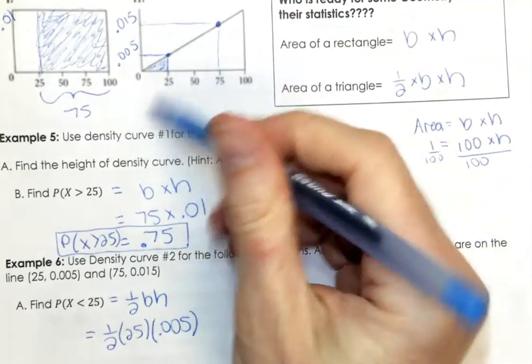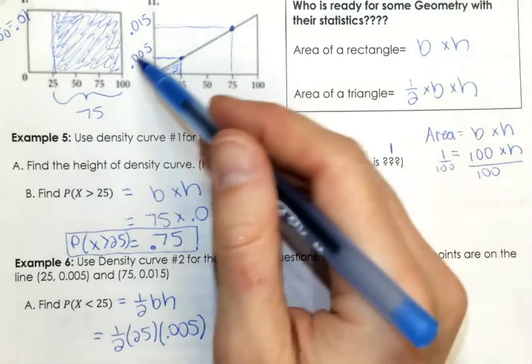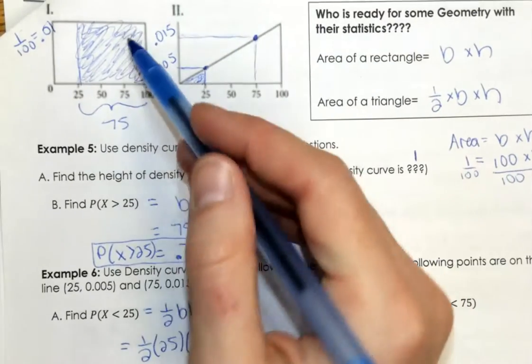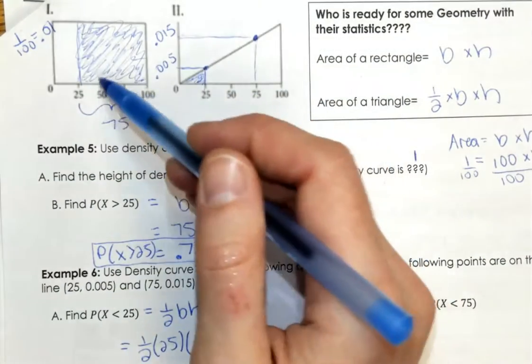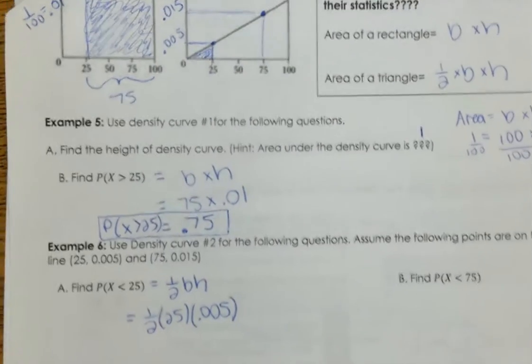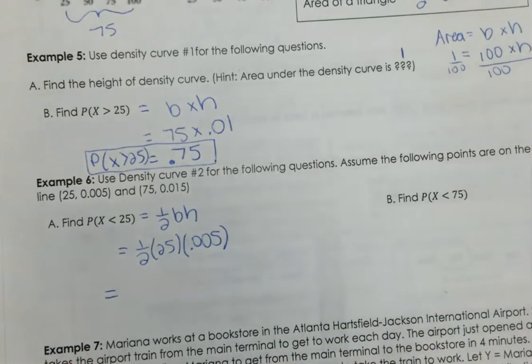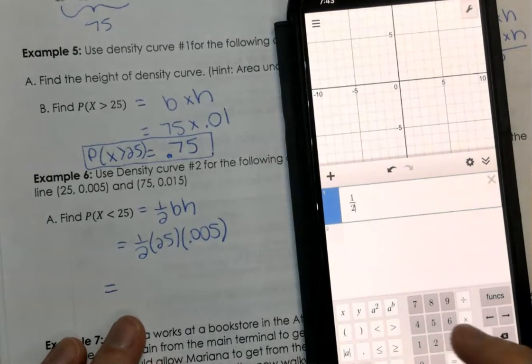And with all these problems in Khan Academy, if they give you a triangle, they'll typically give you a height. They won't ask you to calculate the height of a triangle. You should be able to calculate the height of a rectangular density curve because it's just 1 divided by the base.